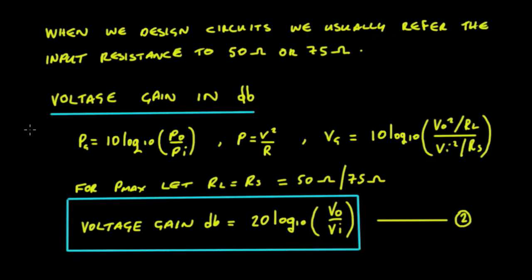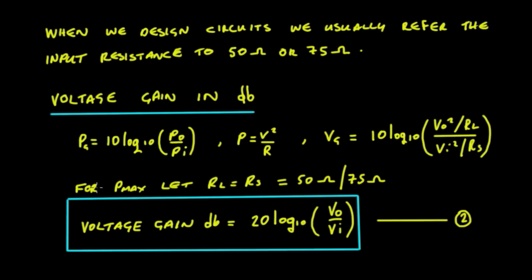So now we can get back to the voltage gain, in terms of dBs. We've seen that the power gain is defined as 10 log to the base 10 of P out upon P in, but we know that the power is directly proportional to the voltage squared, so power is going to be voltage squared upon R. So we could write that voltage gain as 10 log to the base 10 of the power in terms of the voltage, which is V out squared upon RL divided by V in squared upon RS.